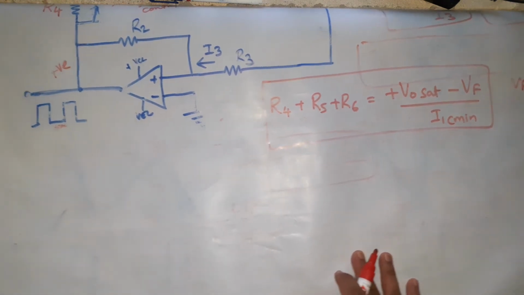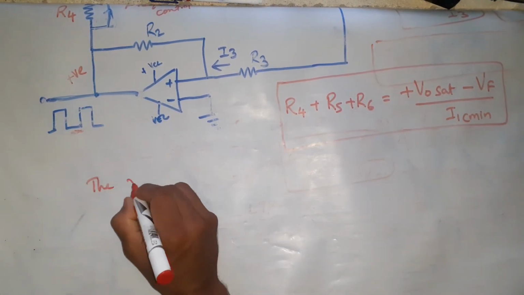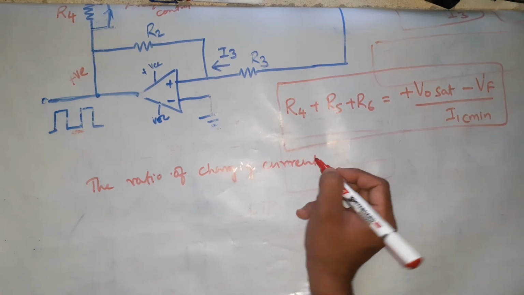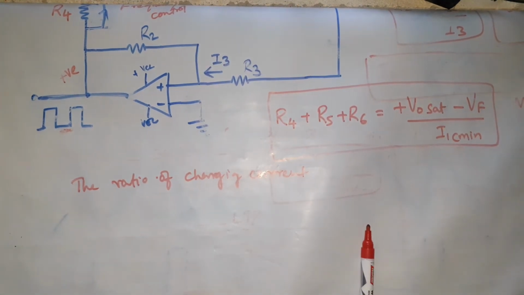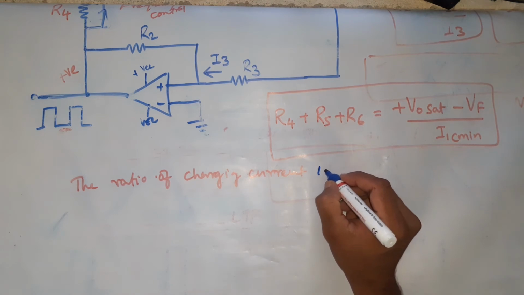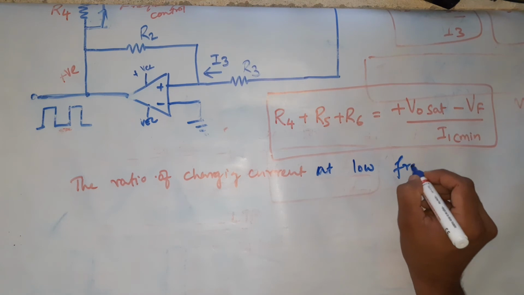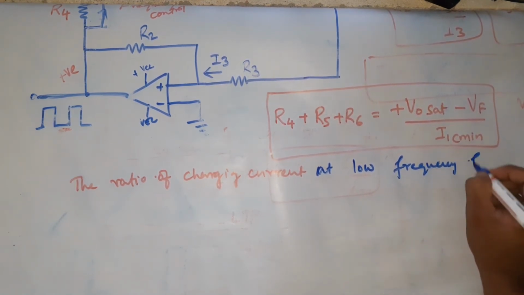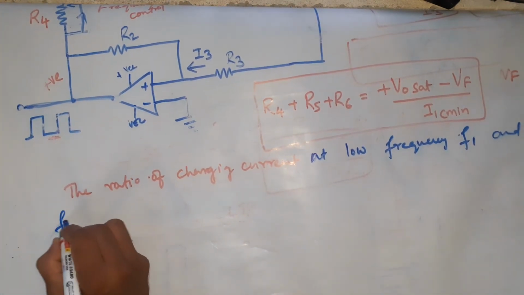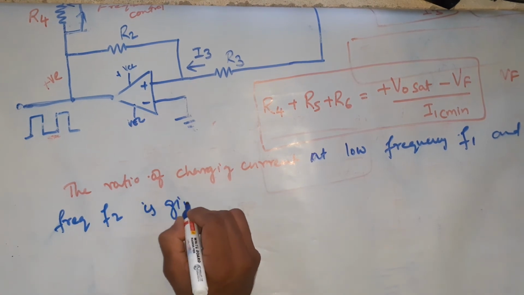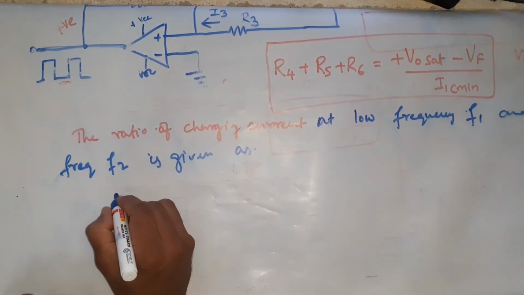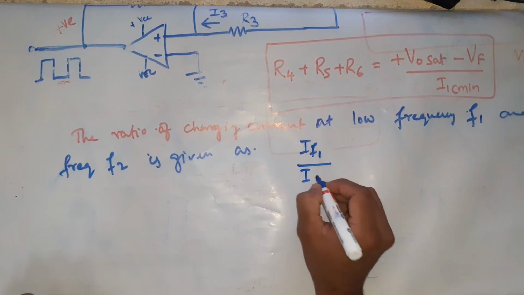Now, I can write the ratio of charging current at low frequency F1 and high frequency F2 as IF1 divided by IF2.